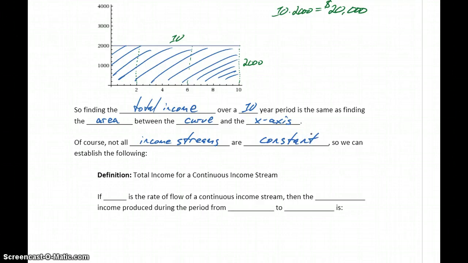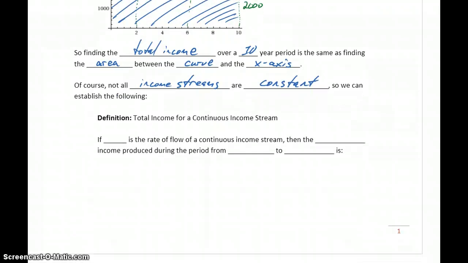Most income streams, whatever we're earning money from, aren't giving us predictably $2,000, especially if we're talking about business applications. We've got variable income depending on how many units were sold, how much money was spent, that sort of thing. So what this means is we can always calculate the total income for a continuous income stream if f of t is the rate of flow of that income stream.